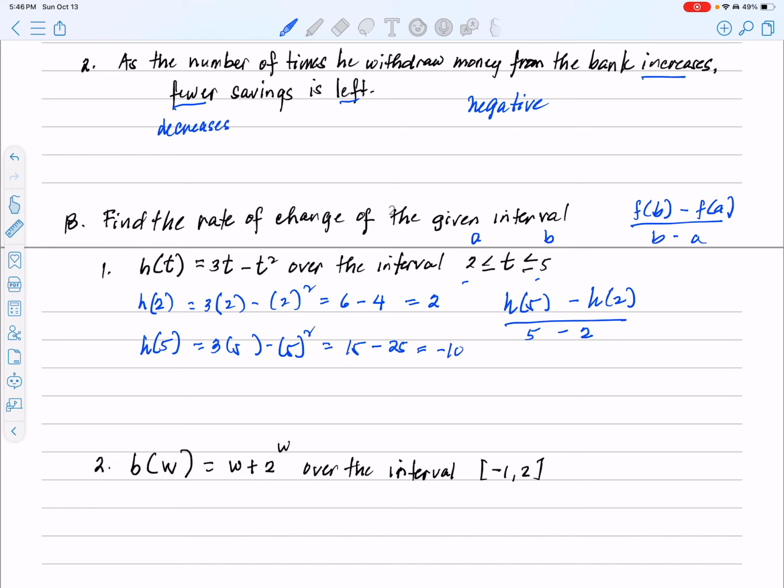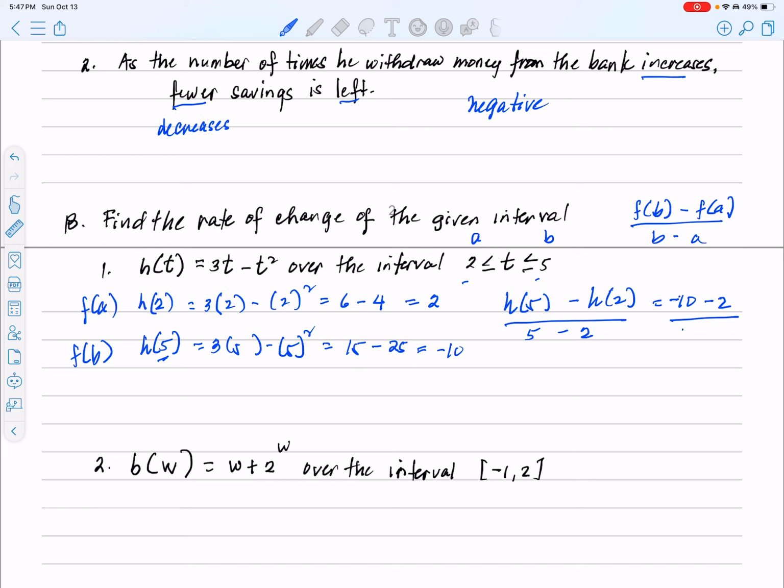So this is the function of b, and this is the function of a. The h of 5 is negative 10, and then minus 2, that's the h of 2.